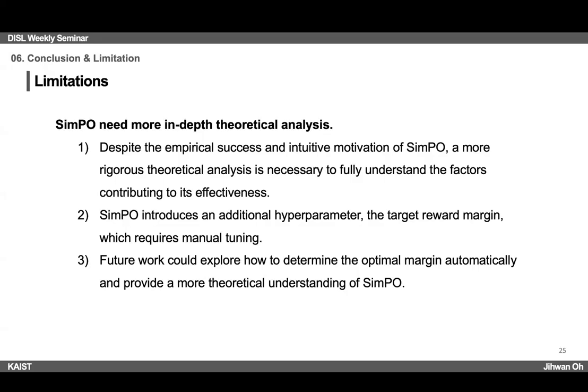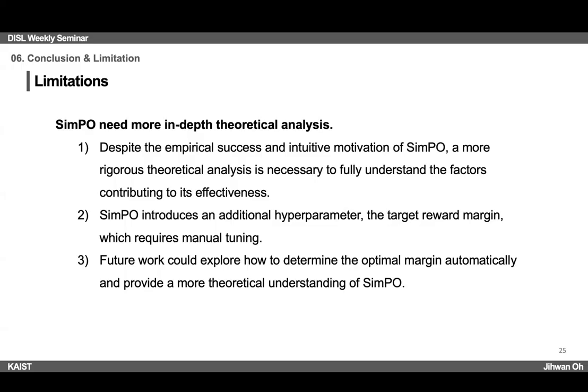And the authors also state that the limitation of SimPO is that it needs more in-depth theoretical analysis. They state that despite the empirical success and intuitive motivation of SimPO, a more theoretical analysis is necessary to fully understand the factors contributing to its effectiveness.